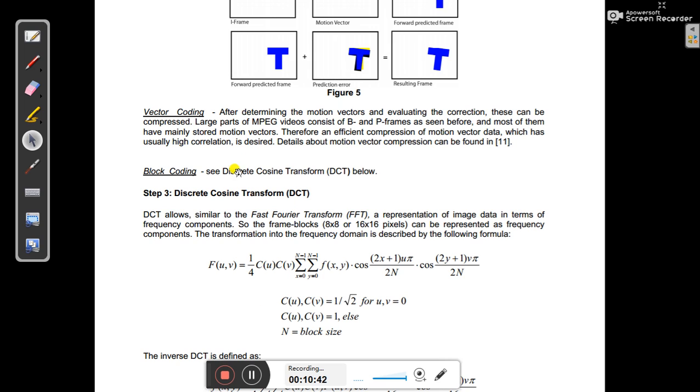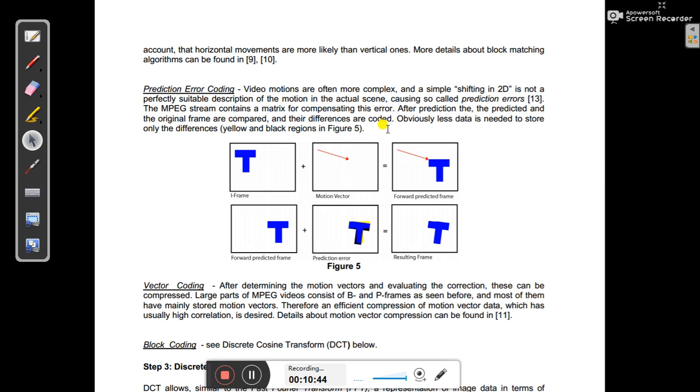Next one is vector coding. After determining the motion vectors and evaluating the correlation, this can be compressed. Large parts of the MPEG videos consist of B and P frames as seen before, and most of them mainly store motion vectors. So try to understand that in B and P frames only the motion vectors are stored.